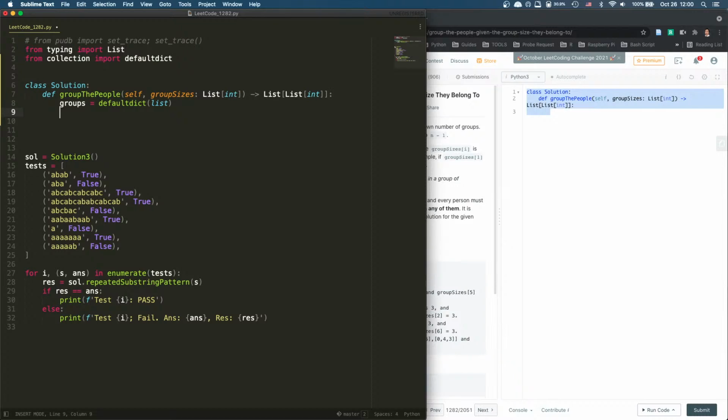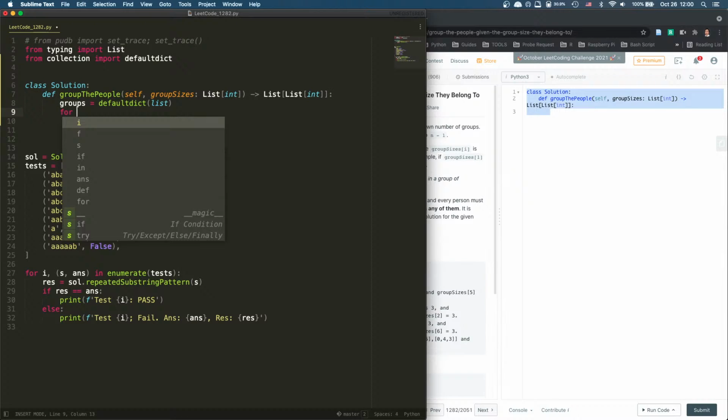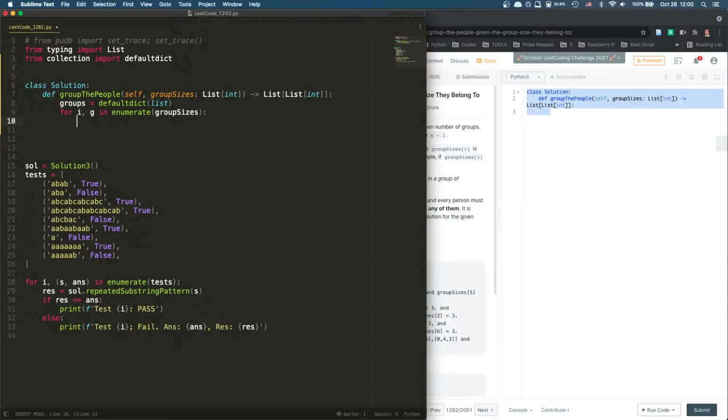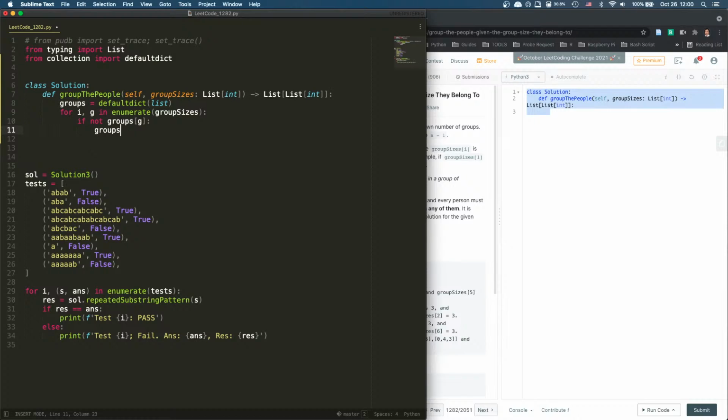So we're gonna say for i, g in enumerate group sizes, right? So g is the group size. So we're gonna say if not groups[g], then groups[g].append(i).